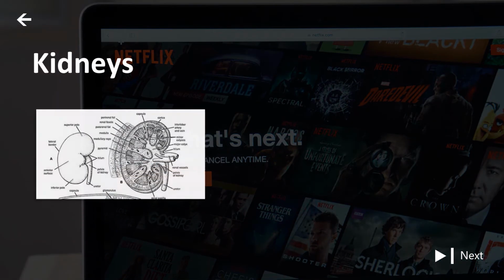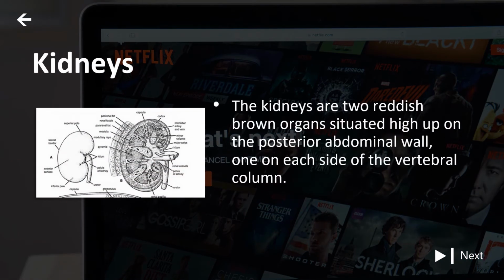Kidneys. The kidneys are two reddish-brown organs situated high up on the posterior abdominal wall, one on each side of the vertebral column. The two kidneys function to excrete most of the waste products of metabolism. They play a major role in controlling the water and electrolyte balance within the body, and in maintaining the acid-base balance of the blood.